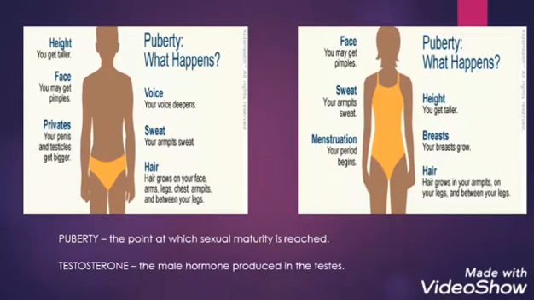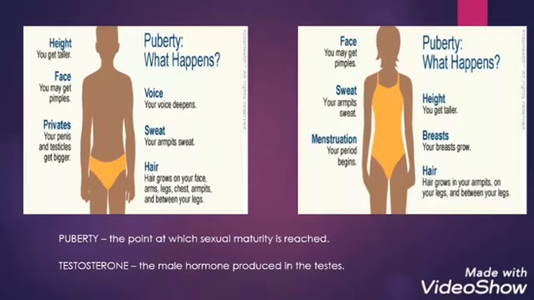complete. What are the physical changes or the secondary sexual characteristics that develop in a boy and in a girl upon approaching puberty or during adolescence? In boys, these include growth of facial and pubic hair, breaking of the voice, and muscular development.